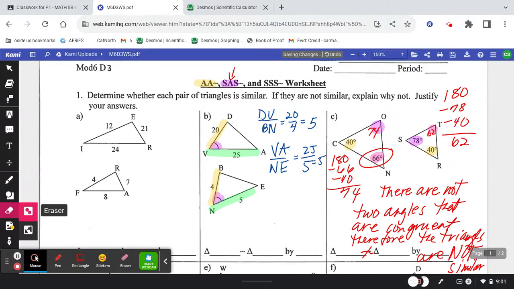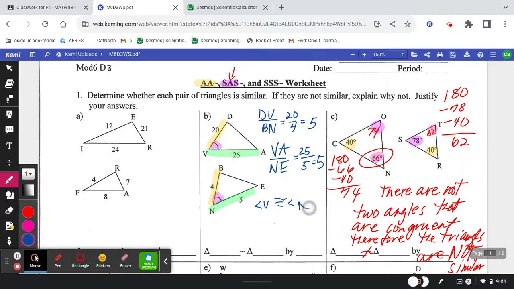Both of these reduce down to give us 5, and as long as the corresponding side ratios are equal, then those sides can work for my similarity. Now we also have angle V is congruent to angle N, so that's the other piece that was given in the picture that works for this.